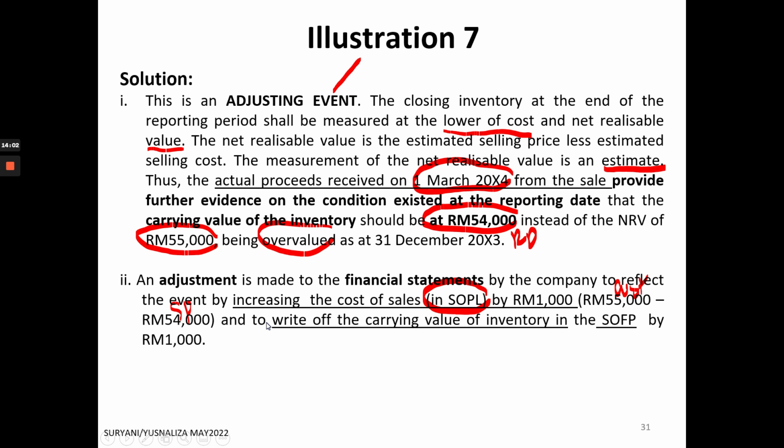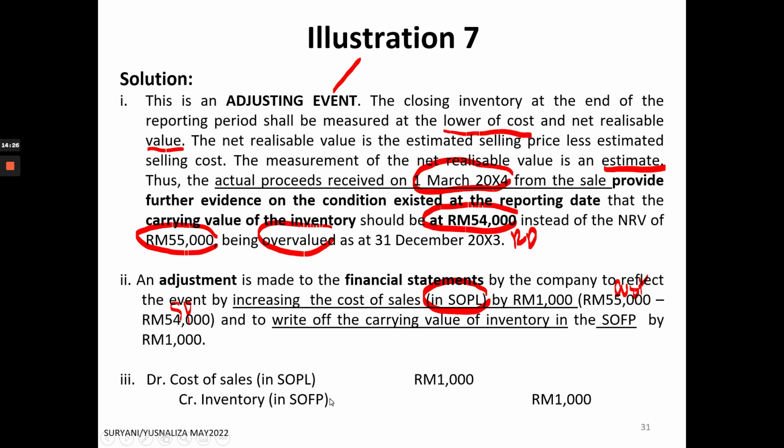And you need to write down the carrying value of the inventory by 1,000, which is the difference between 54,000 and 55,000. So the cost of sale must be increased by 1,000, and the inventory must be written down by 1,000.